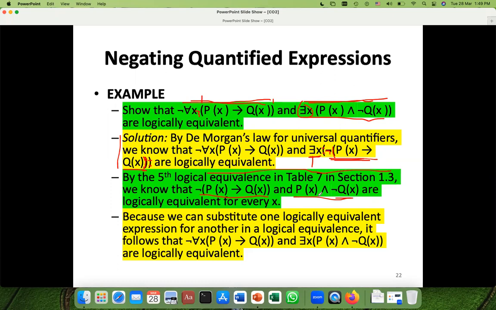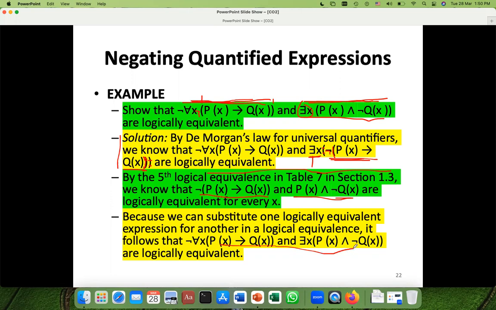Now convert this here, and what you will get is: there exists x, P of x conjunction negation Q of x. That is the second statement that you are getting now. You started from statement 1 and now you have arrived at statement number 2. If you started from statement number 1 and get statement number 2, then you can say they are logically equivalent.